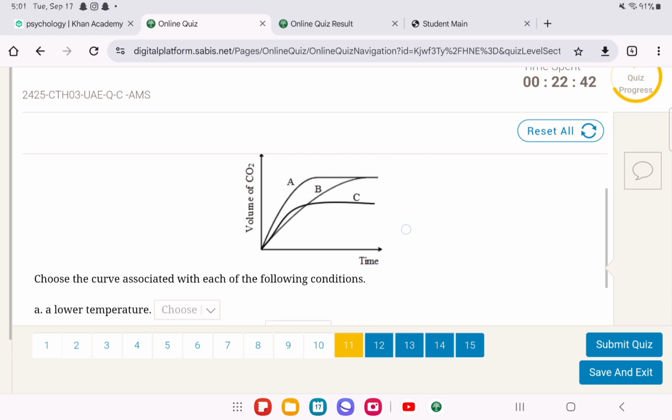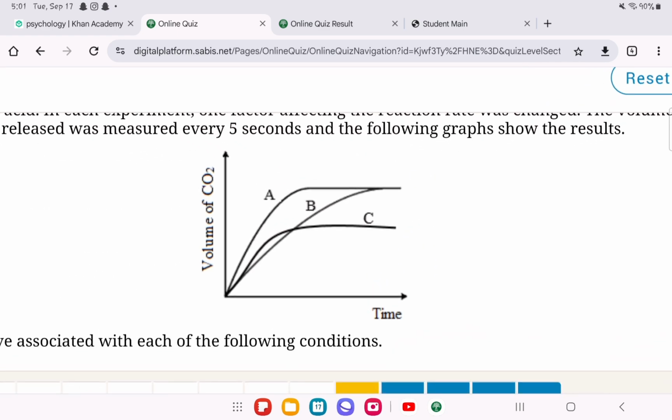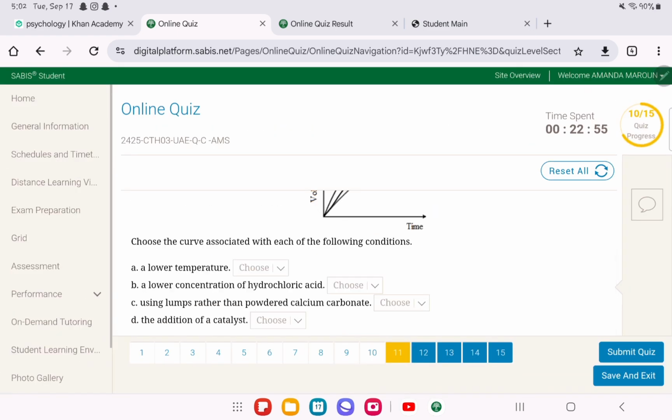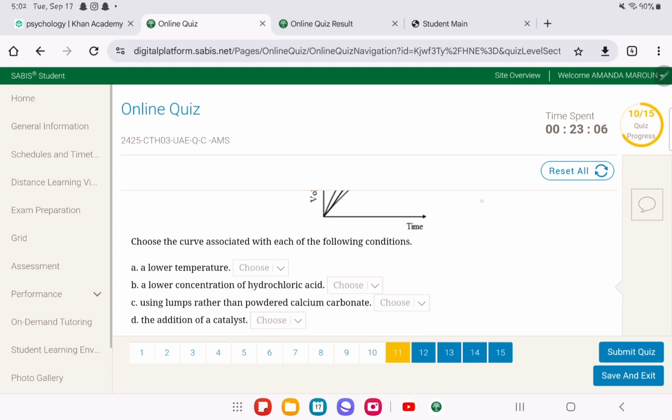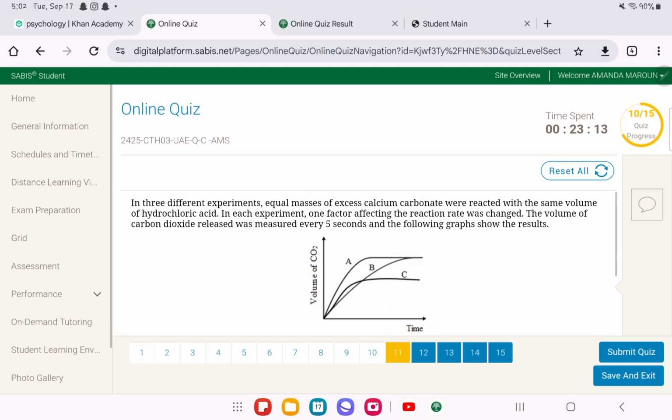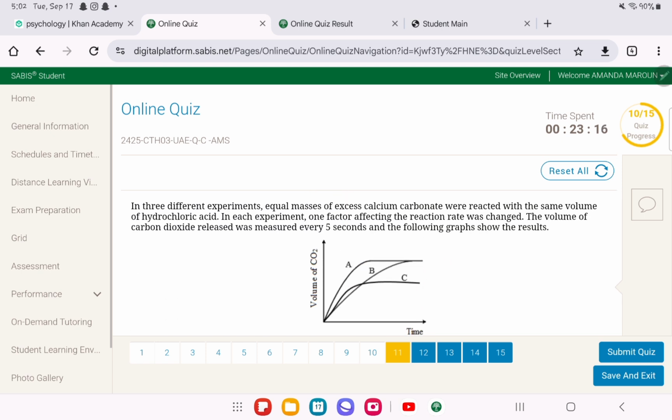Now, for these graphs, the only thing that affects both the slope and the plateau is if you increase the concentration of the limiting reactant. Then both the slope and the plateau will be affected.